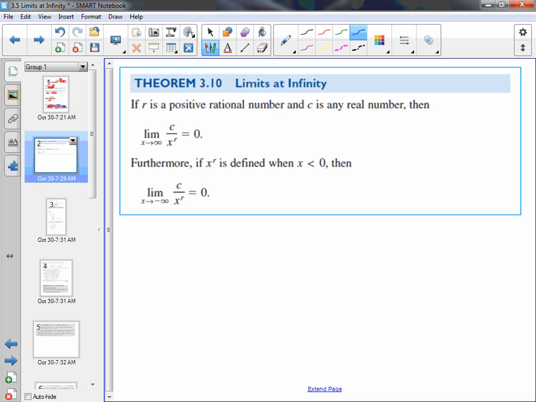All right. Now, we need to do a little thinking here before we actually start crunching out some problems. If R is a positive rational number and C is any real number, so C is a constant, then the limit as x approaches infinity of a constant divided by x to the R. Now, we've talked in the past about how if you have a constant divided by something that's approaching infinity, no matter how big the constant is, the denominator is so much bigger that that ratio is going to 0.